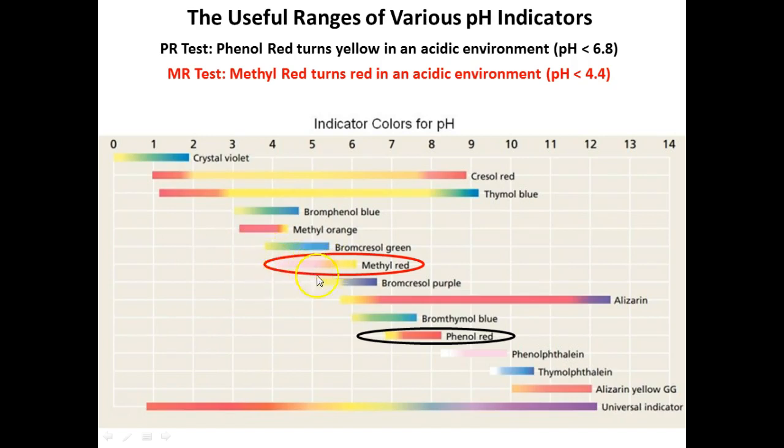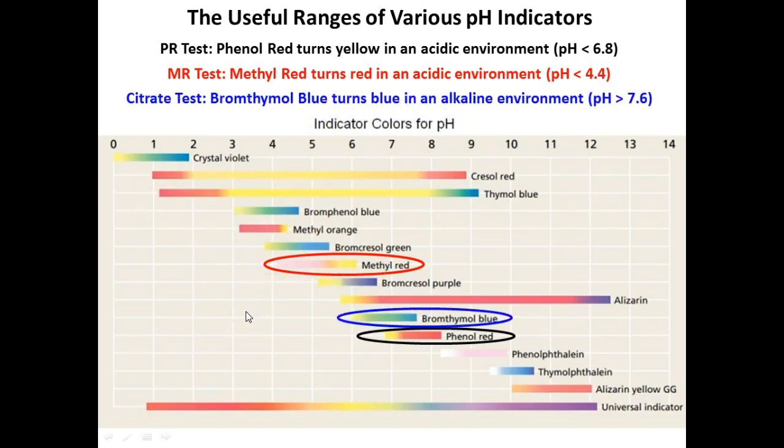So when we added it to the media, if the media was basic, or not very acidic, because notice I said basic, but that's really in the acidic range. We're really looking for very acidic. We're talking about around 4 for that methyl red test. A very acidic environment. And again, in between is kind of orange.